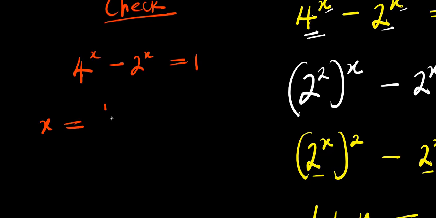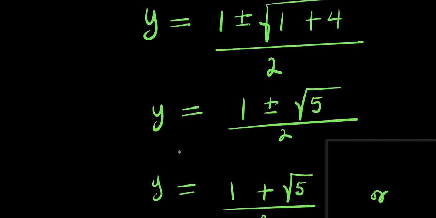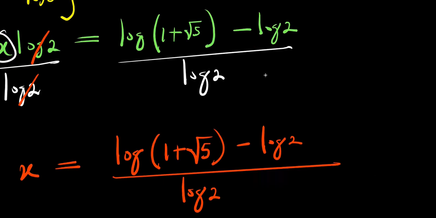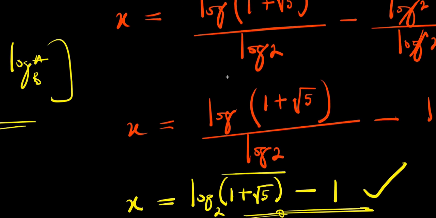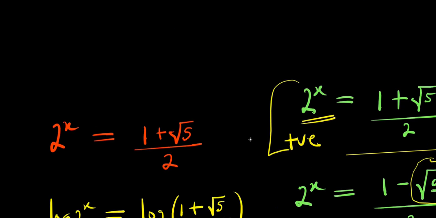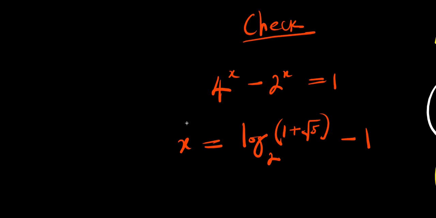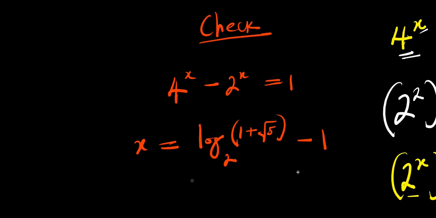And x equals log of 1 plus root 5 to the base of 2, minus 1. Right? That is our x. Oh yes, so do that and drop it in the comment box. Let's see if this will actually satisfy the equation, if we are going to get 1 here.